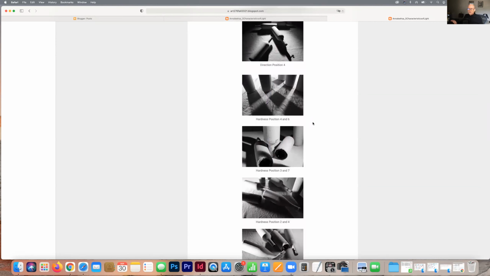Hardness, again, we're introducing the element of diffusion on the light, softening the shadows or maintaining a crisp shadow. You're paying attention to the shadows because this is what it's all about. And in a case like this, you're using the two lights and you're using them to great effect. It's a very graphic sort of sense to some of your photography.